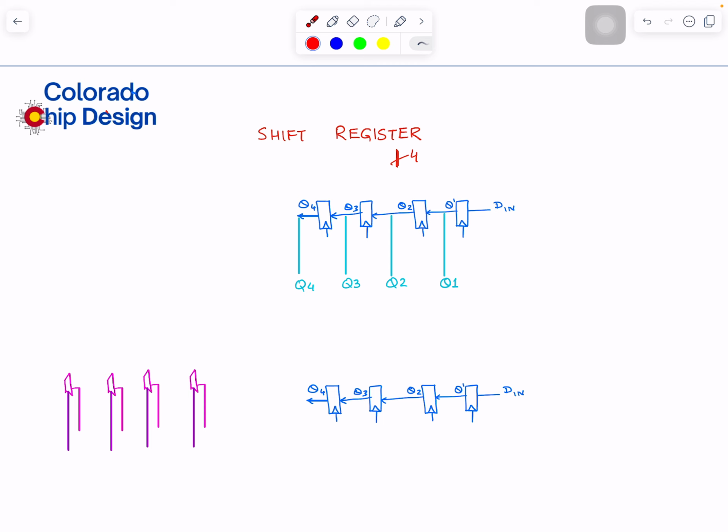Ideally, you want a reset because when you first switch on the power, you want to make sure the flip-flop is in a particular state, 0 or 1, not uninitialized. In some cases hardware doesn't need that, but in most cases we need it, and it's always nice to have a reset. But when you put a reset, you need additional gates as part of the flip-flops, so the flip-flop gets bigger. Those are things a designer needs to be aware of.